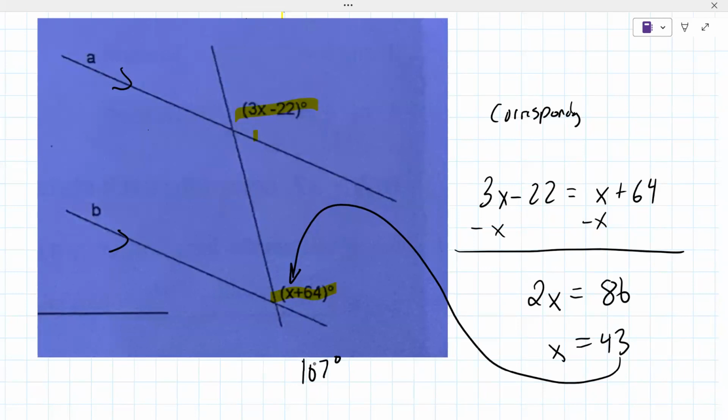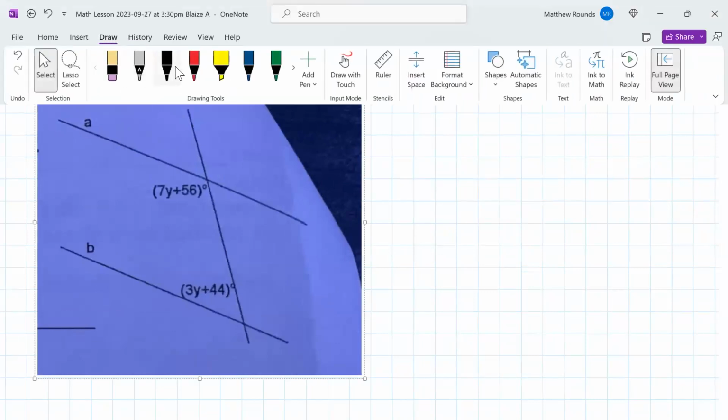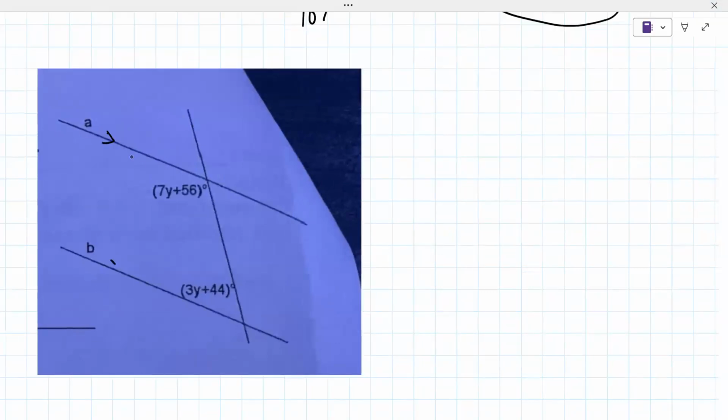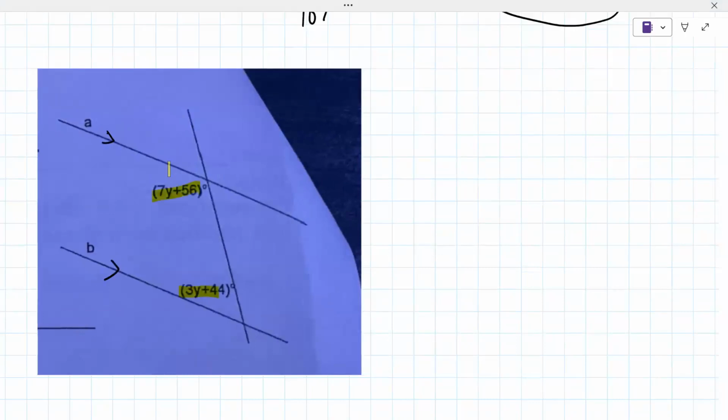All right, let's look at another problem here. I'm going to snip that in. There we go. Just like the previous problem, these lines are parallel. What are these two angles called, or give me some words to describe them?